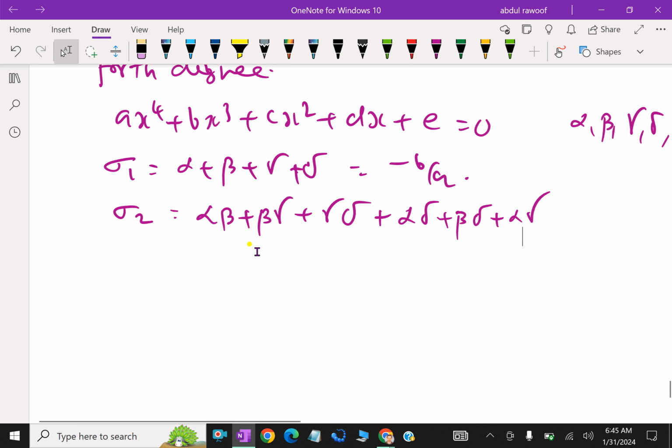That means all the products of two roots, which is equal to c by a.